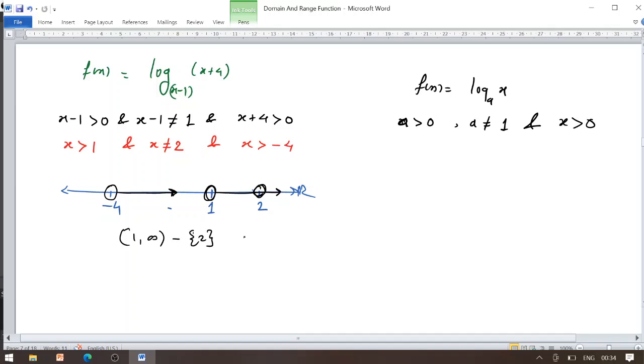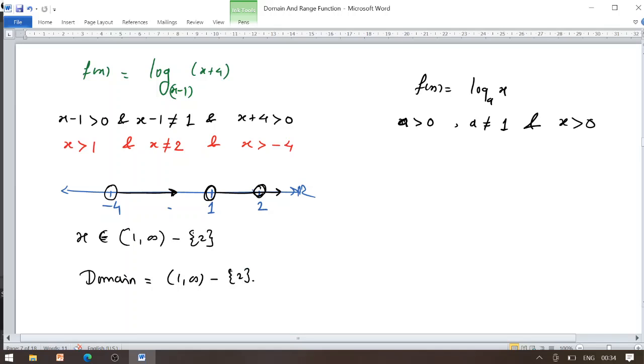You might denote it as x belongs to the open interval 1 comma infinity minus the singleton 2, because x is never equal to 2, keep in mind. So the domain of the given function is the open interval 1 comma infinity minus the singleton 2.